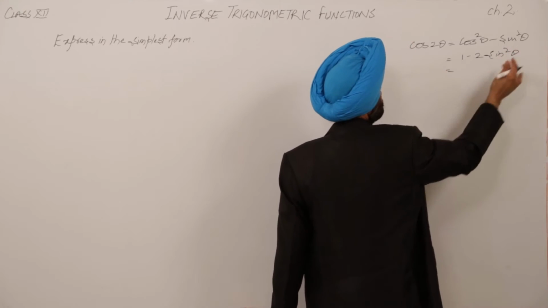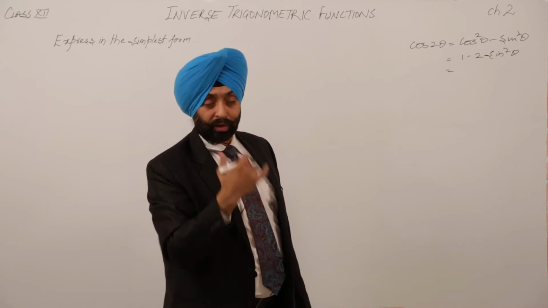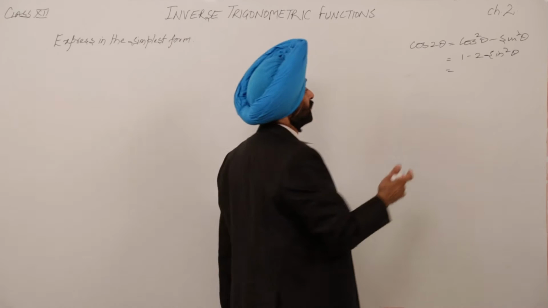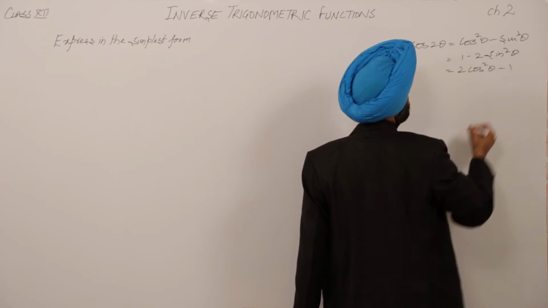And the third part: taking the negative and putting a bracket, in place of sin square theta we add 1 minus cos square theta. Then the result is 2 cos square theta minus 1.